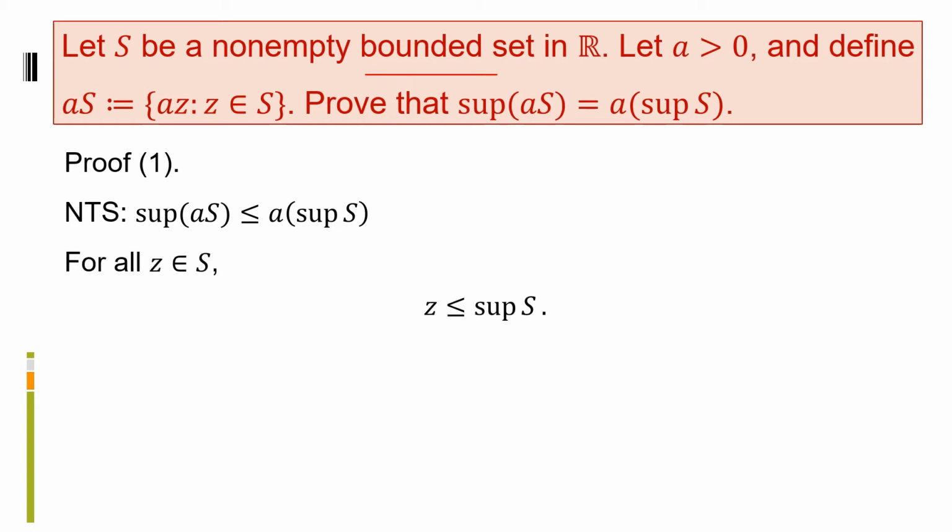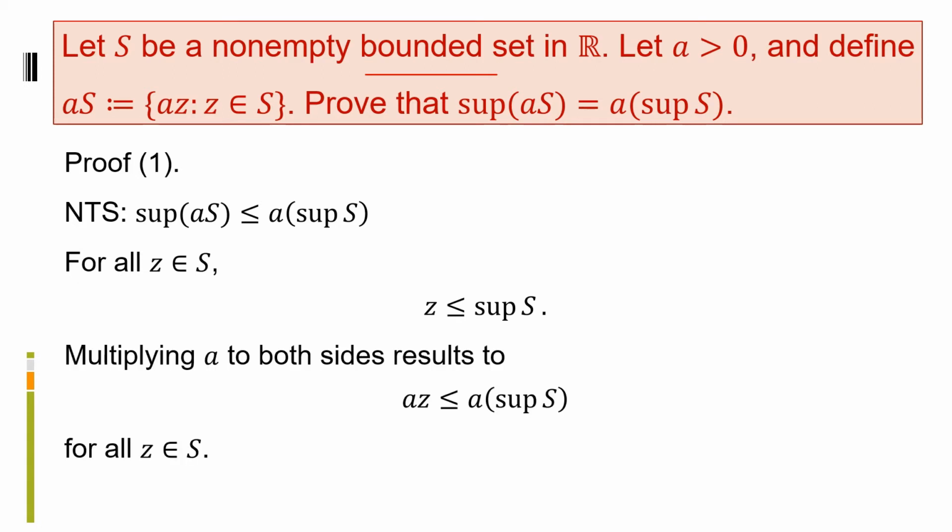And for all Z na element ng S natin, Z is less than or equal to the supremum of S. By multiplication property of inequality, pwede tayong mag-multiply ng A to both sides, which results to AZ is less than or equal to A times the supremum of S. This is for all Z na element ng S natin.